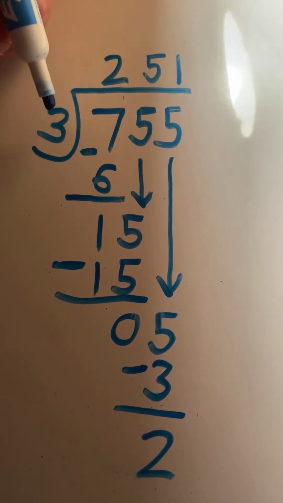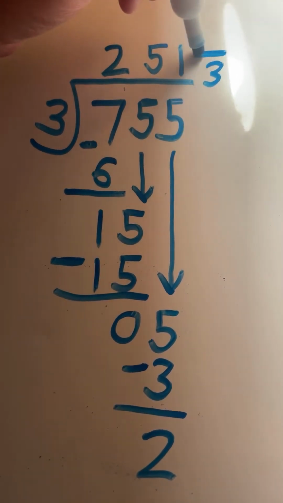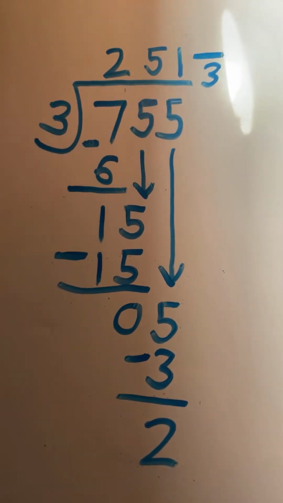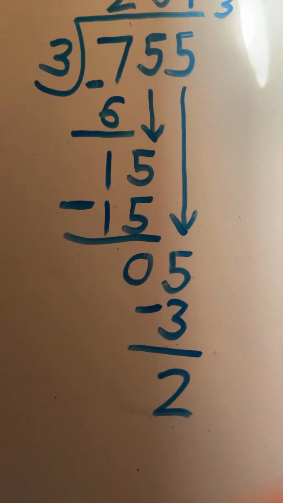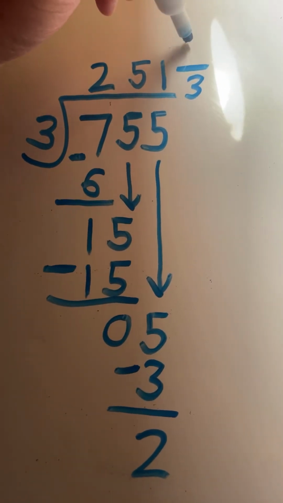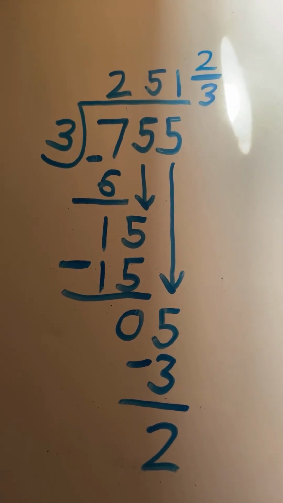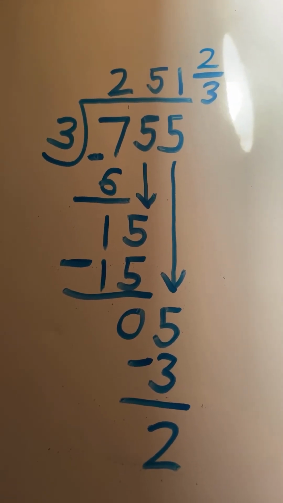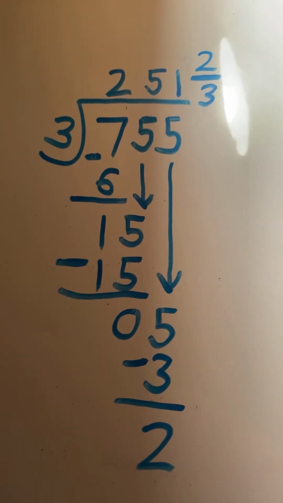So for this problem, we're dividing by 3, so 3 is our denominator. Our numerator is our remainder. We have a remainder of 2, so 2 is going to be our numerator, and we have our final answer. 755 divided by 3 equals 251 and 2/3.